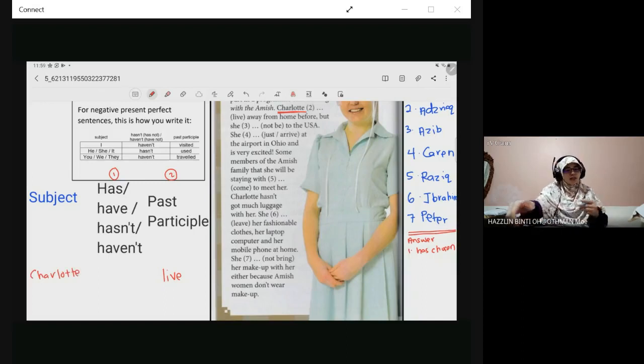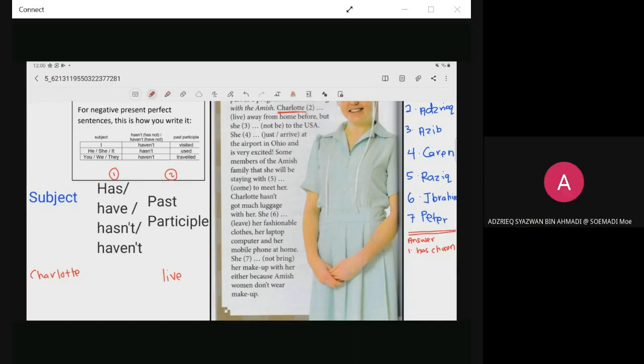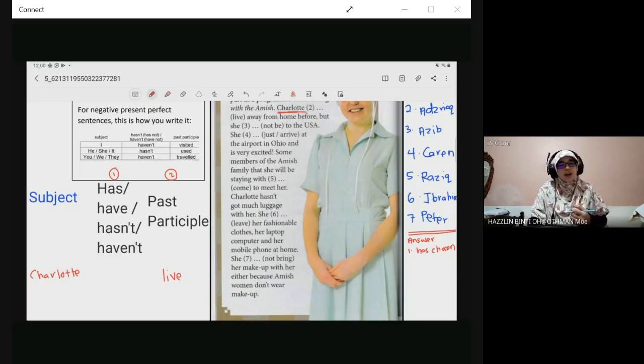So Charlotte, is it singular or is it plural? Azrik, is Charlotte singular or plural? Singular. Yes, for singular, we have to use has.